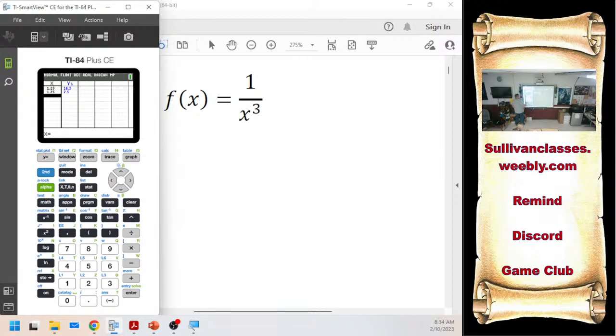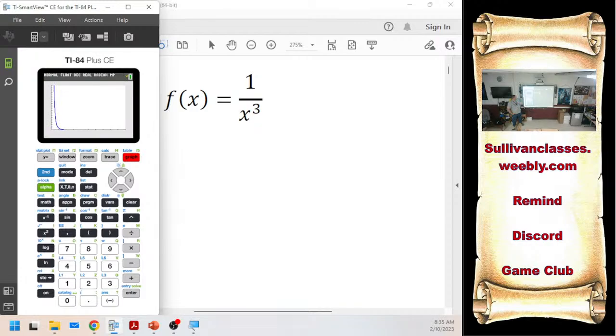Okay, so we go to y equals, clear, 1 over x to the third. I'm also going to do 1 divided by x to the third, just so y'all see the difference between written as fraction, written as decimal, depending how you put it on there. Graph.